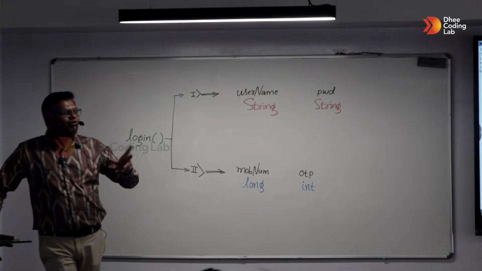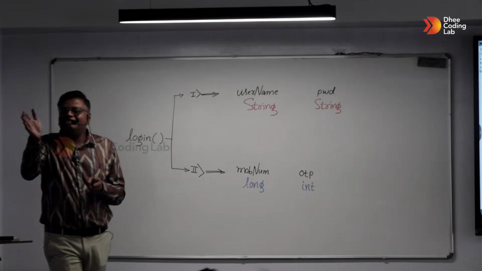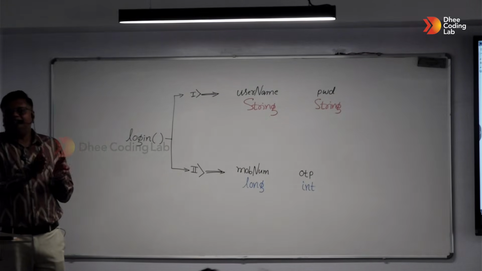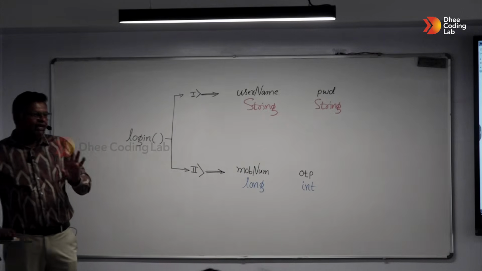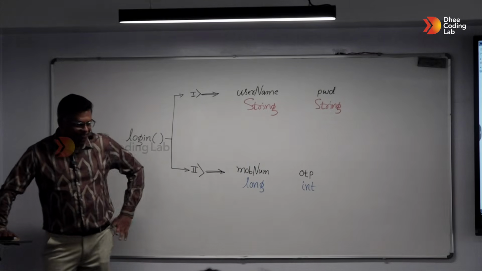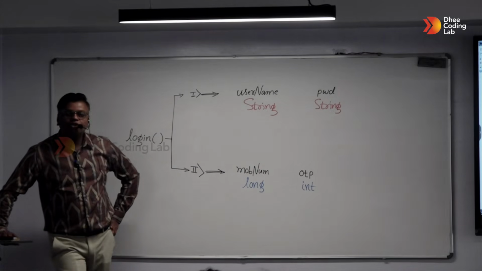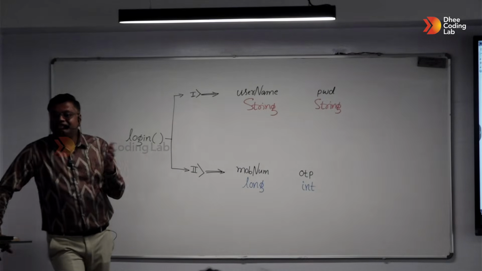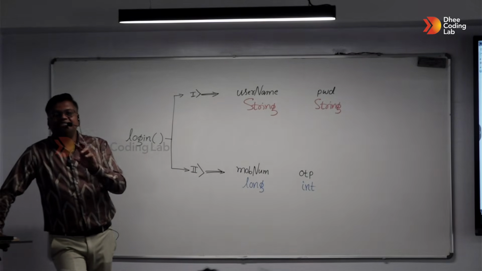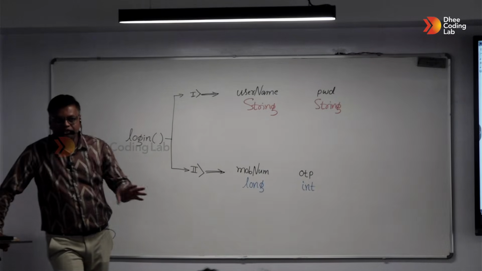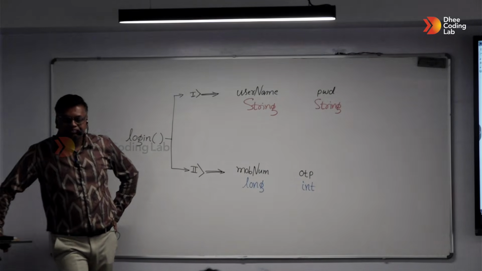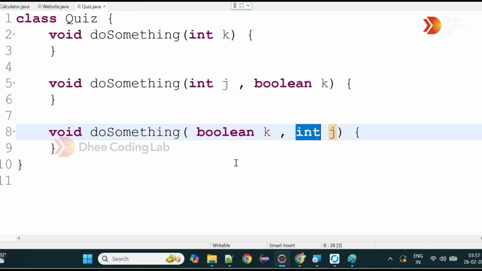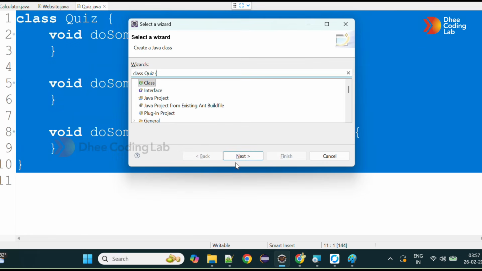The compiler will agree, but realistically what is the use? You never see in any project an overloaded method just with a change in the sequence. Clear? Okay, now another example.